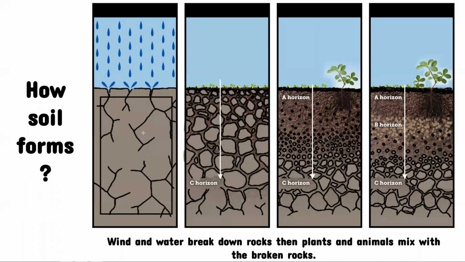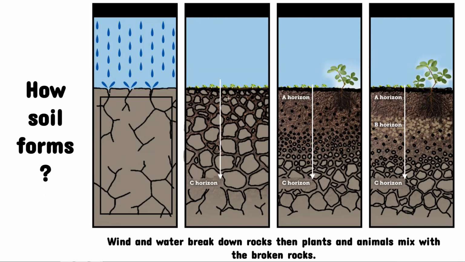As you can see here, we have water and also wind, and wind is a strong air. They break down rocks into smaller pieces. So from big to small, they become small after being broken down by wind and water.